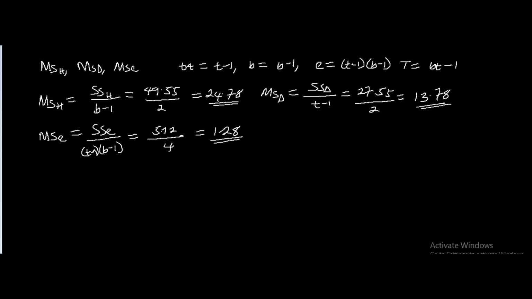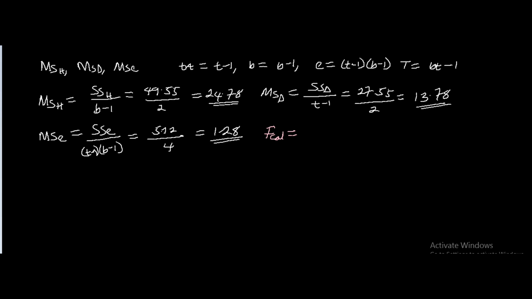So quickly now we'll be looking at our F calculated. We are going to have two calculated values of F. The first one is going to be with respect to mean square treatment, and the second one is going to be with respect to mean square block.